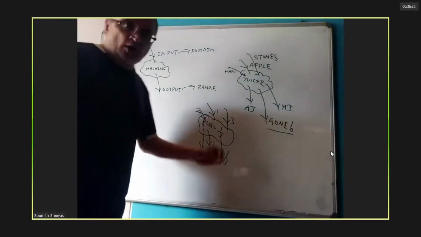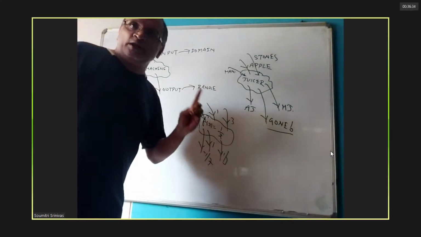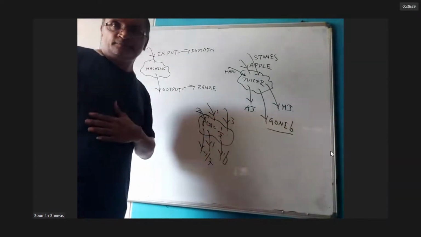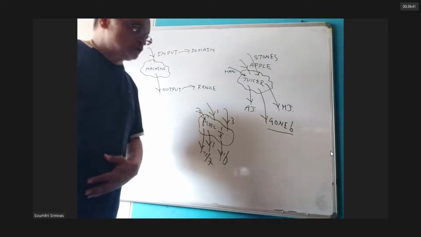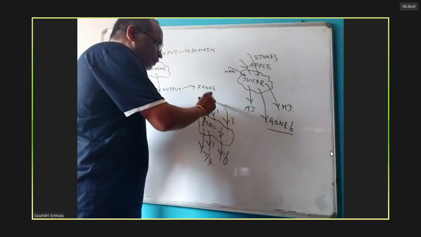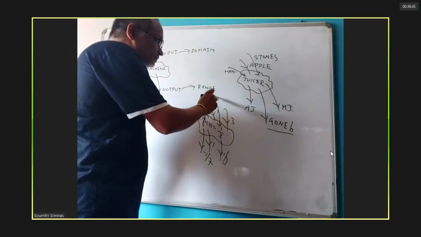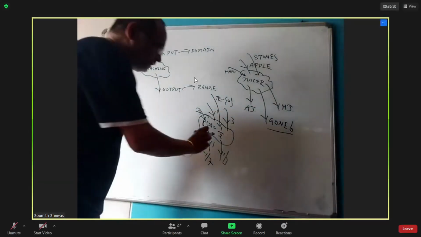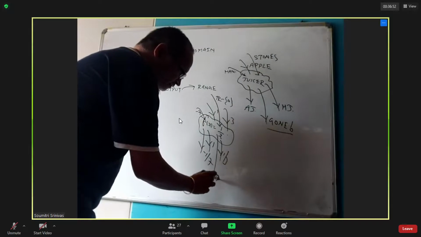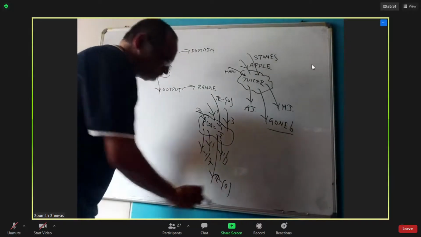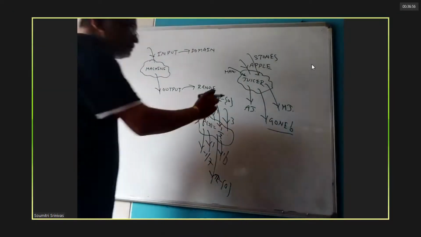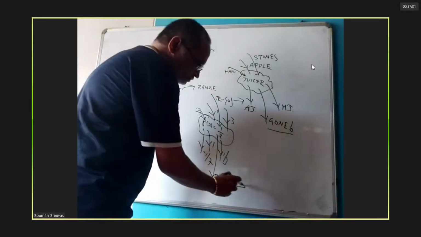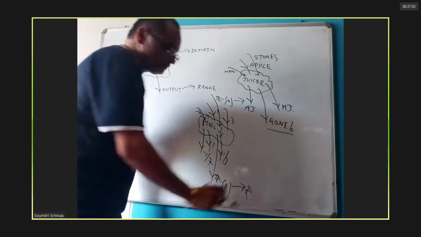This will accept all real numbers except one real number. What is it? 0. So this will accept all real numbers except 0, and it will give you all real numbers except 0. What is this called? Domain of the function. What is this called? Range of the function.